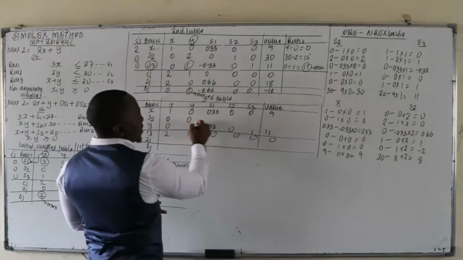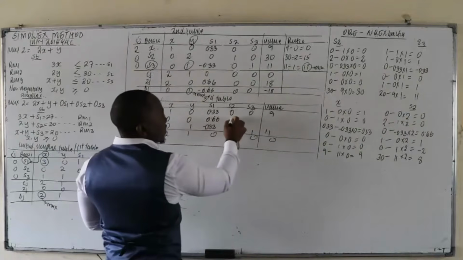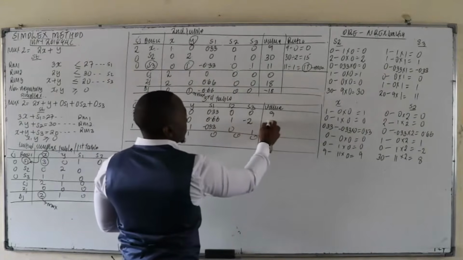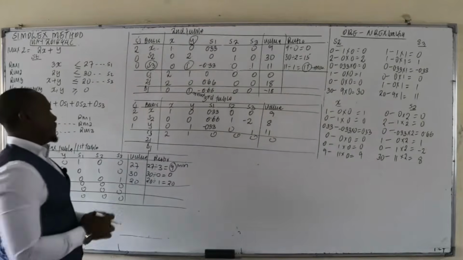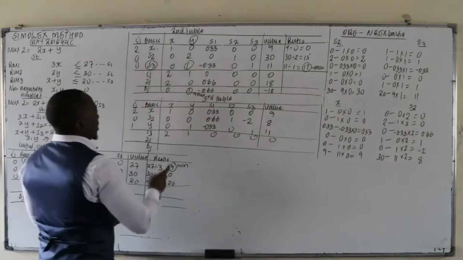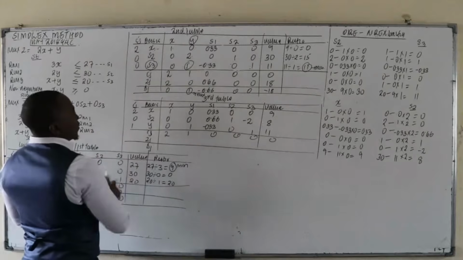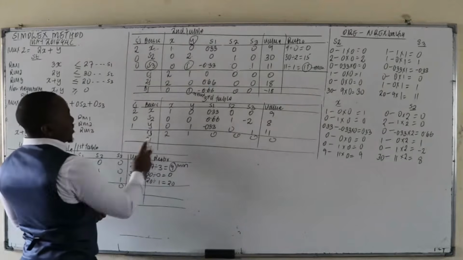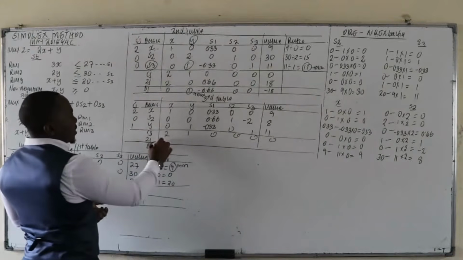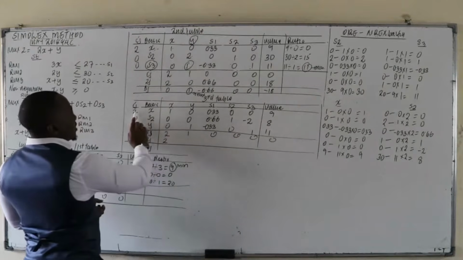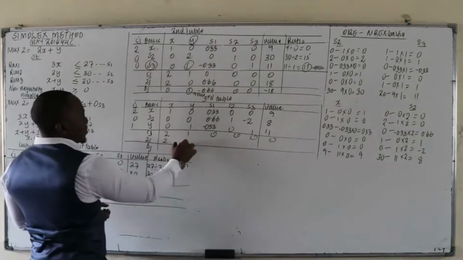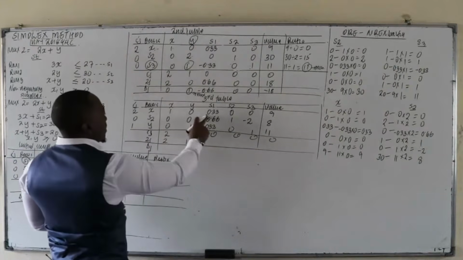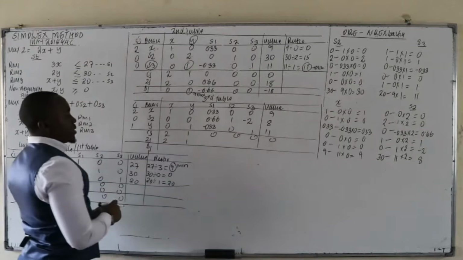Good. So here for x, we have 1, 0, negative 0.33, 0, 0, 9, and 0, 0, 0.66, 1, negative 2, and we have 8. Now we get ZJ. 1 times 2 is 2, 0 times 0 is 0, 0 times 1 is 0. So you get 2. 0 times 2 is 0, 0 times 0 is 0, 1 times 1 is 1. 0.33 times 2 gets 0.66.